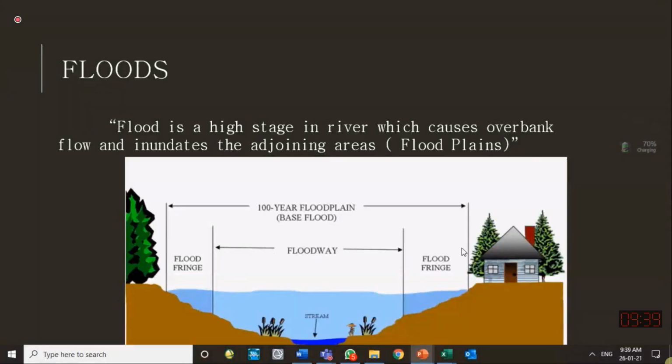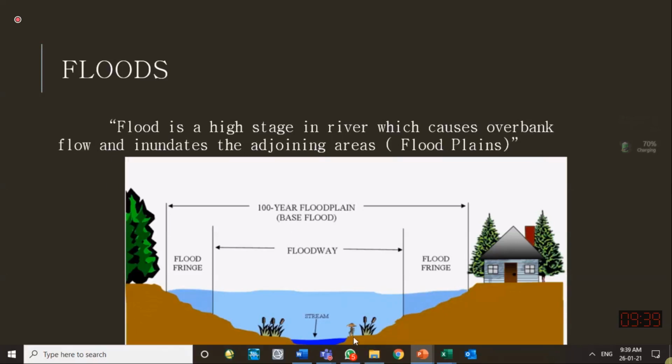So flood is a special kind of flow. Flood is a kind of flow, but it is a special kind of flow. When flow levels exceed the capacity of the main channel, then we say the flow is converted into a flood. So flood is nothing but a high stage in the river. Stage means water levels in the channel. So it is a high stage in the river which causes overbank flow.